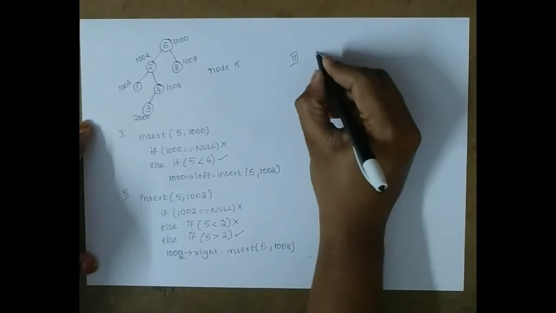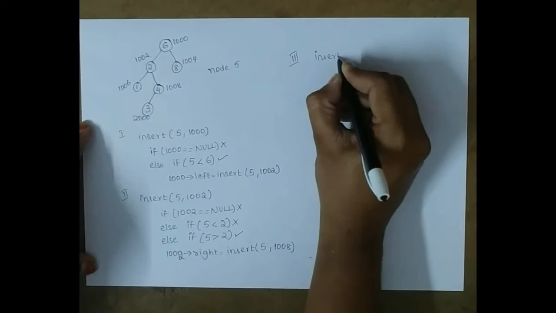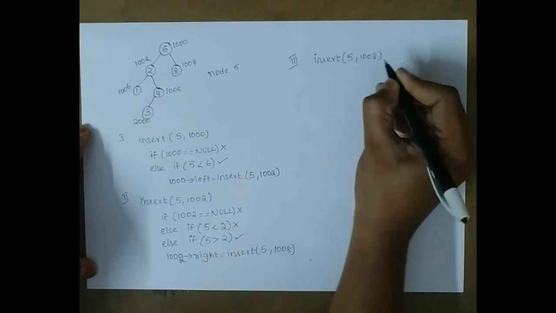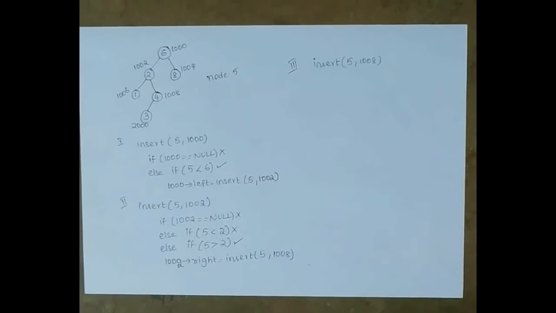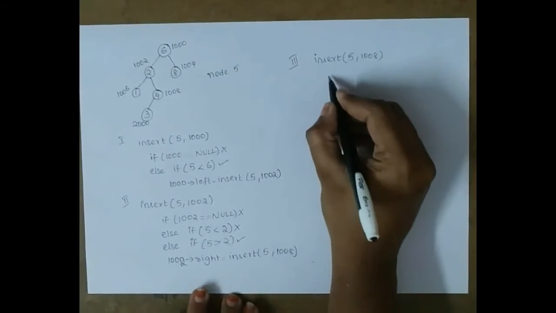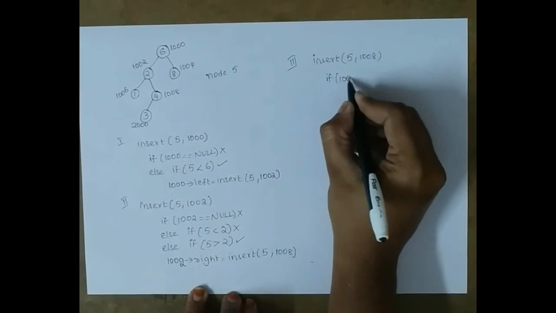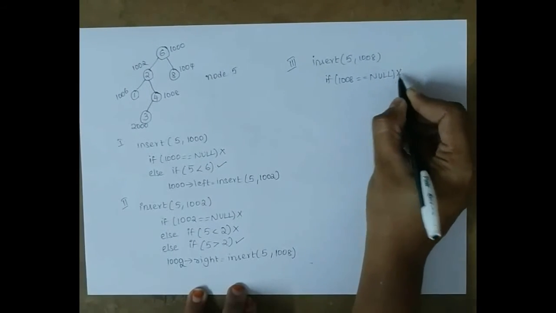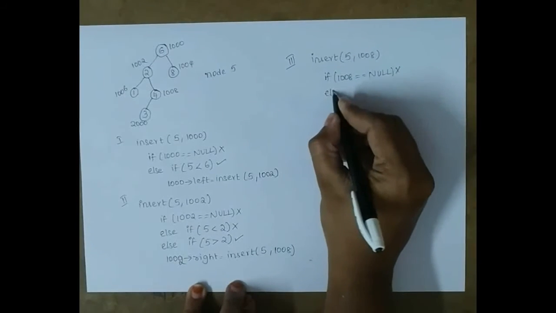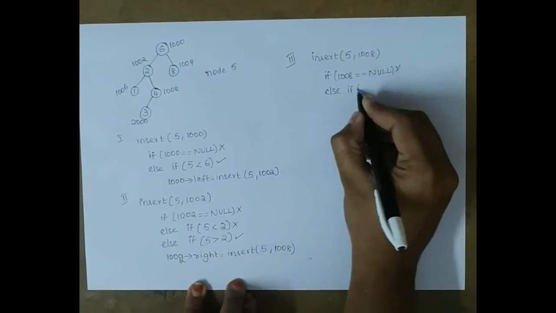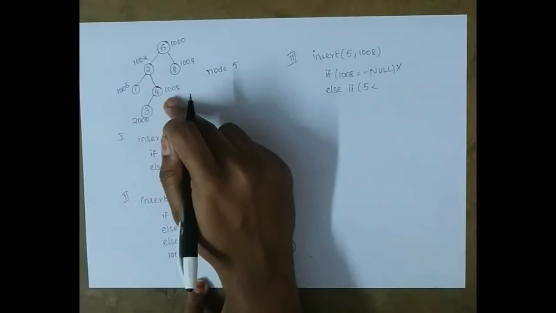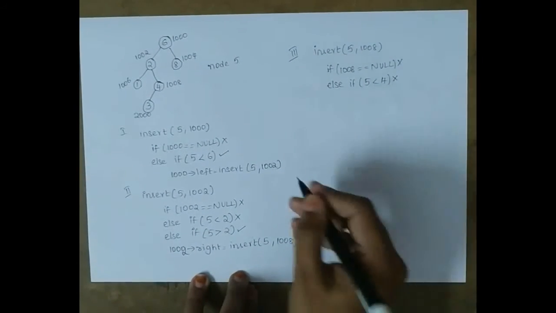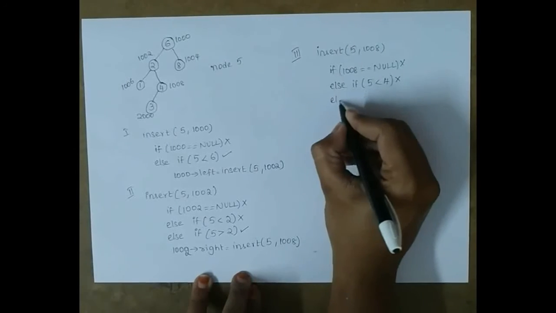So in the third iteration I am invoking another insert function, 5 comma 1008. So now our root value is 1008. If 1008 equals null, no. So again the condition fails. Else if 5 is less than 1008 of data, that is 4, no, 5 is not less than 4, the condition fails.